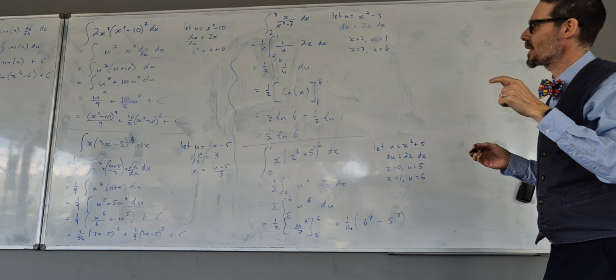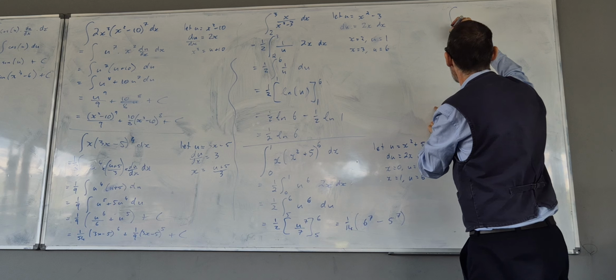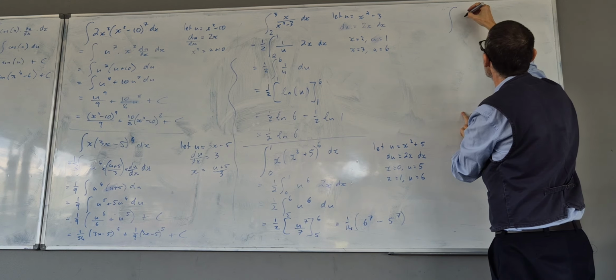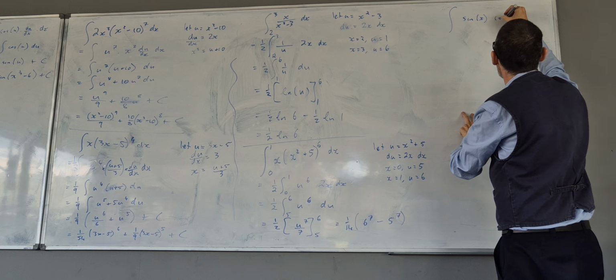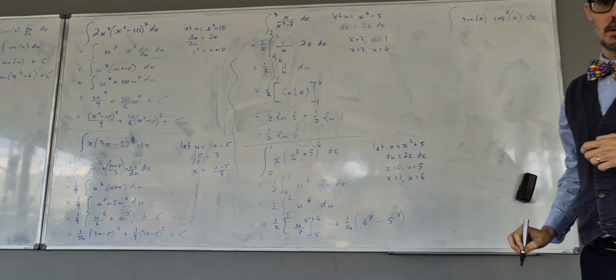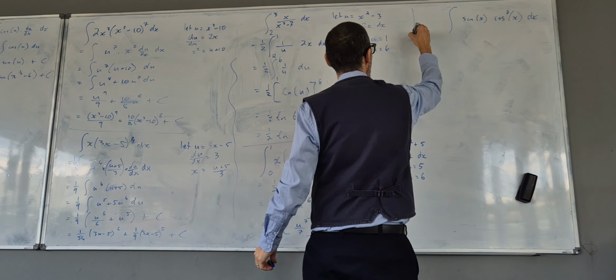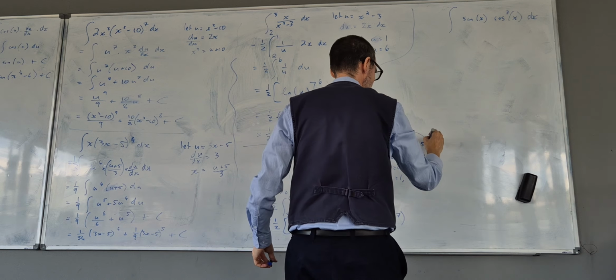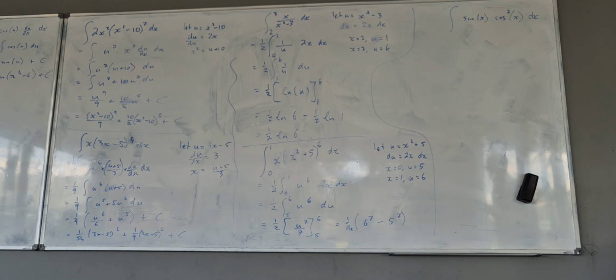I will tell you one other thing, and I'm pretty sure you will see, you might see an integral like this, sine x cos to the 7th x. Maybe we'll do this one so you can see what happens. Can you see something that is related to the derivative of the other?